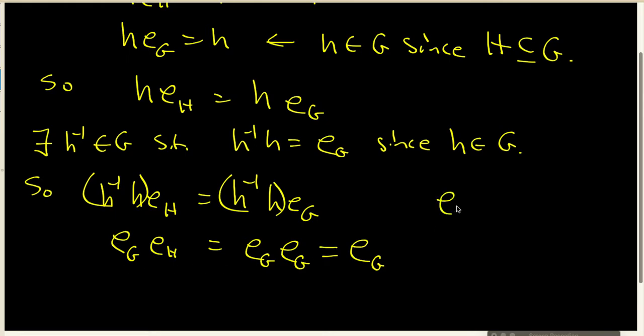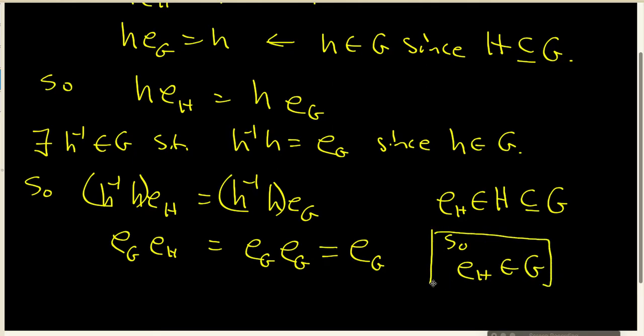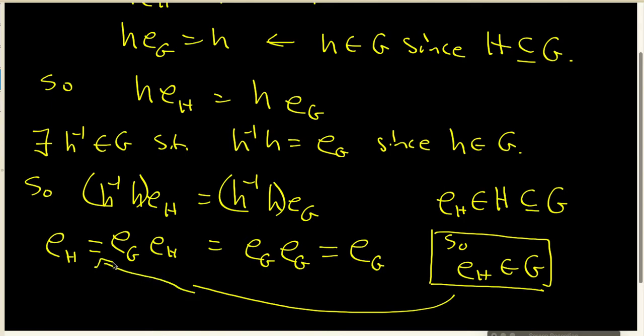What I know about e_H is that it is the group identity element of H, so it has to live inside H, and H is a subset of G. So I know that e_H does indeed live inside G, and this fact says that e_G times e_H has to be e_H. So this justifies that particular equality.